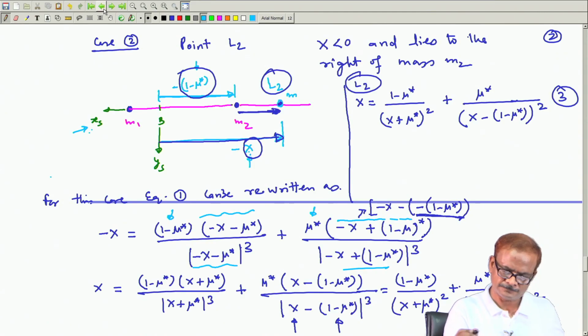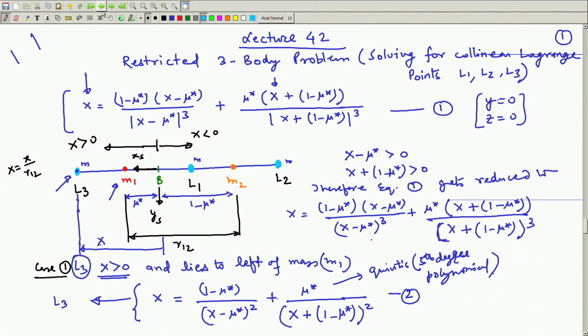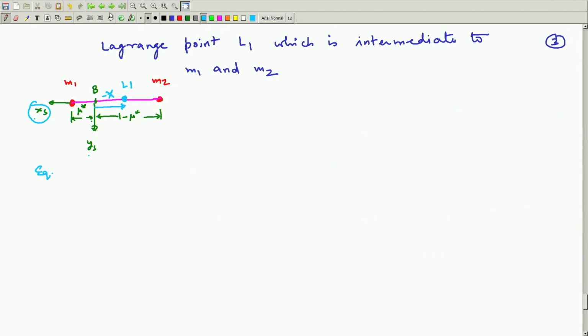So, equation 1 can then be rewritten in this case as: x has to be replaced by minus x, but other things we have to be very careful while writing.